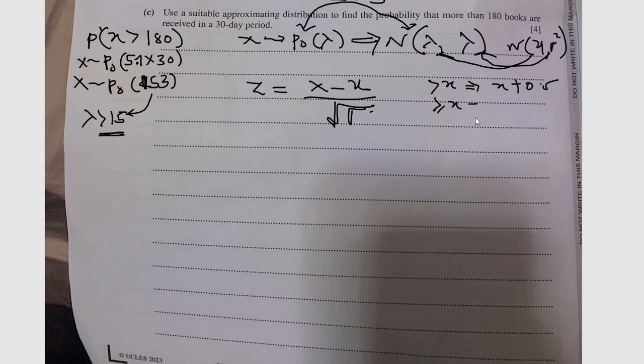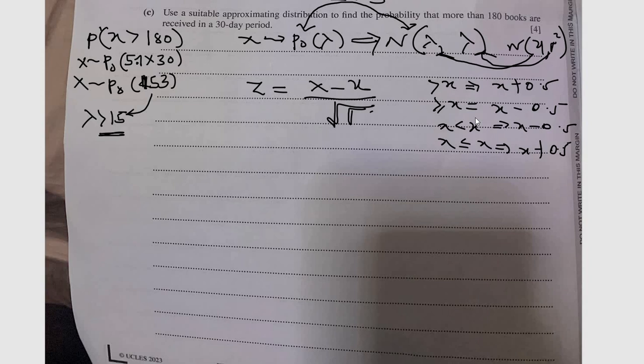If you have greater than or equal to x, subtract 0.5. If you have less than x, subtract 0.5. And if you have less than or equal to x, add 0.5.